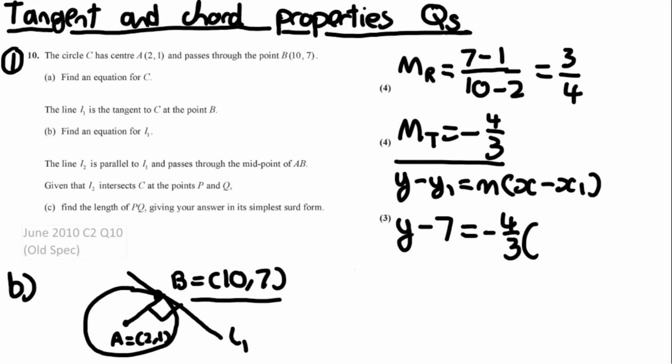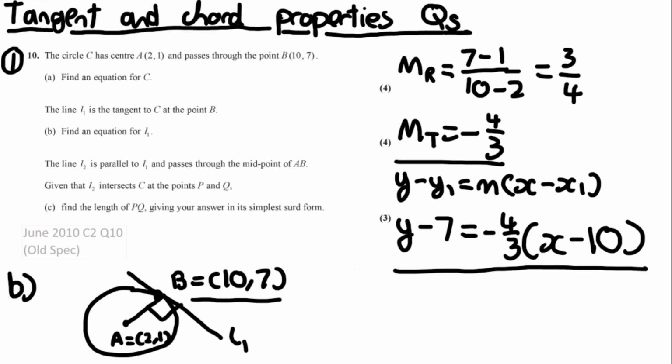And this is actually a perfectly acceptable final answer. You don't need to put it in the form ax + by + c = 0, because there is no point in the question in which it says that you need to do that. So if you leave it in this form, this is an acceptable answer.